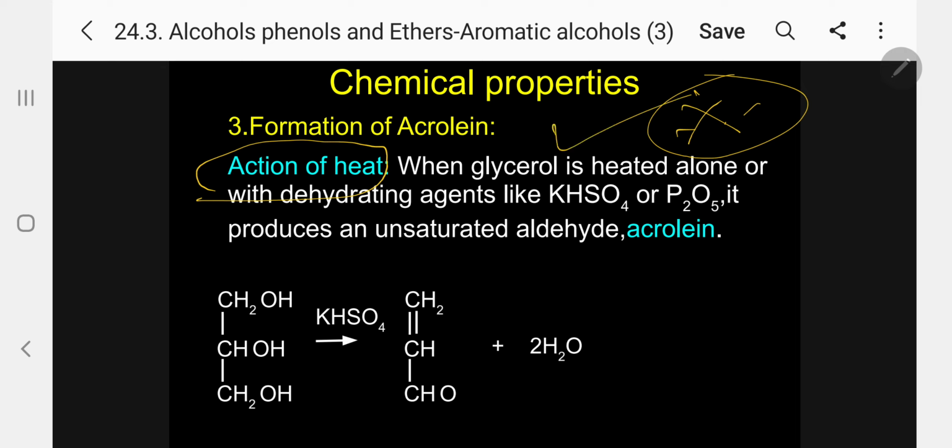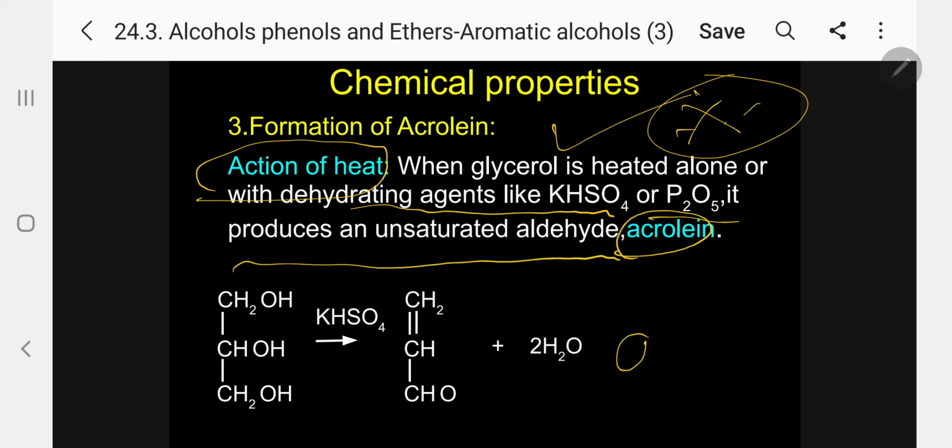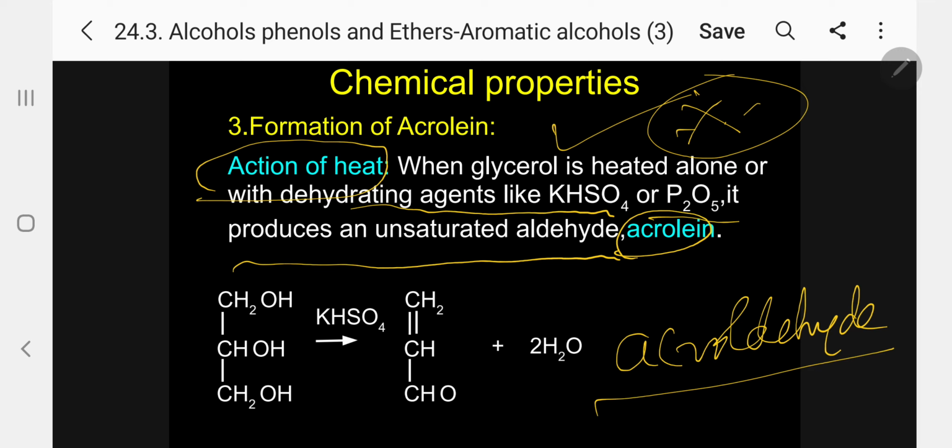When glycerol is heated alone or with a dehydrating agent like potassium hydrogen sulfate or P2O5, it produces an unsaturated aldehyde called acrolein or acraldehyde. Just see what is happening here.